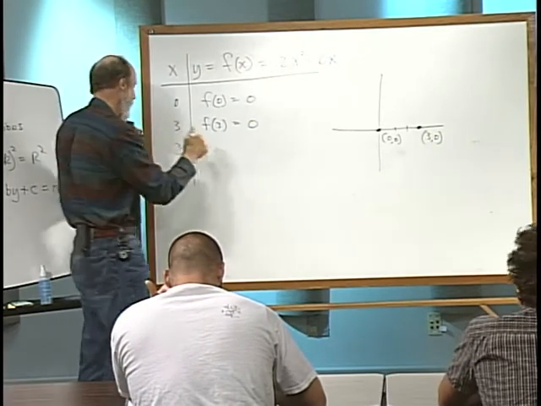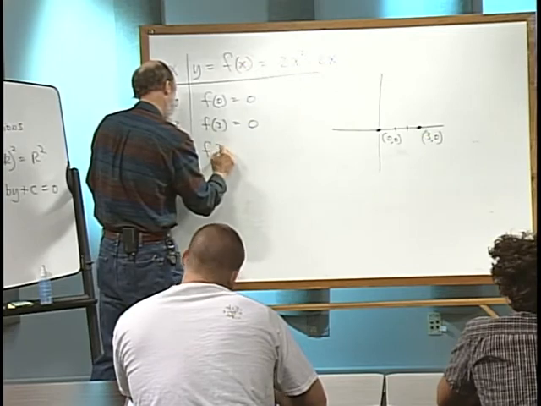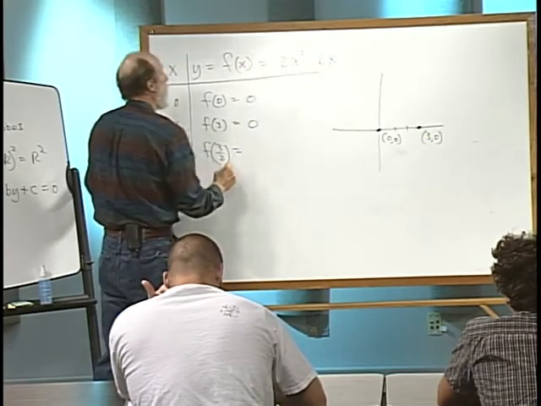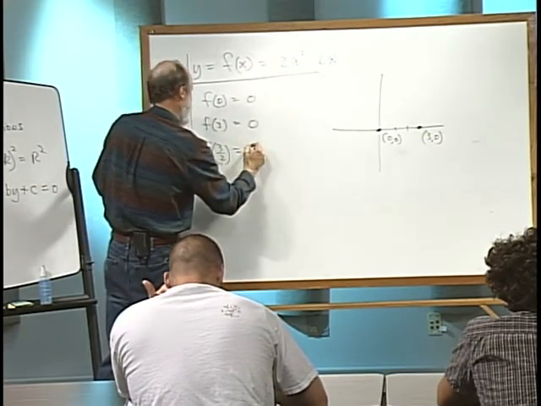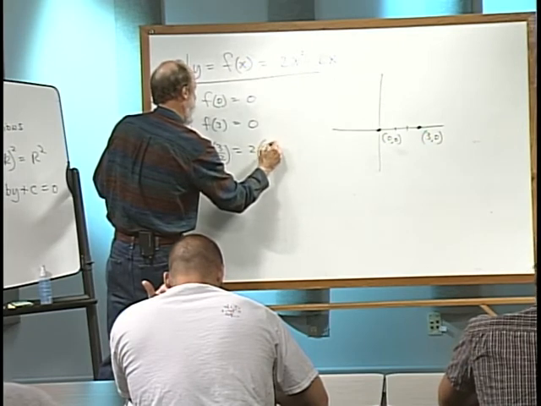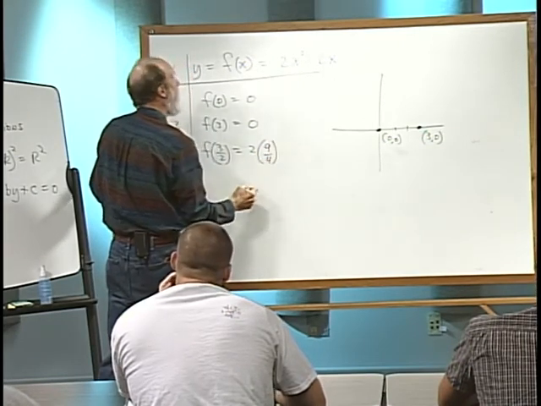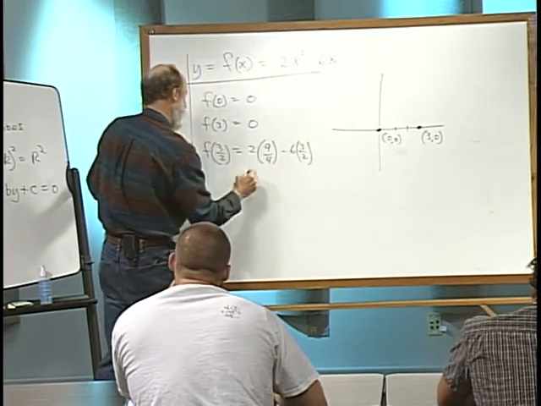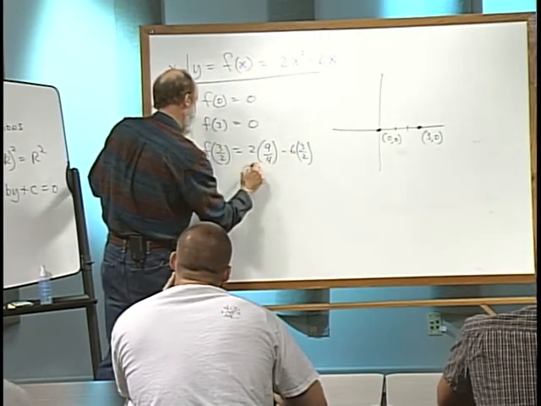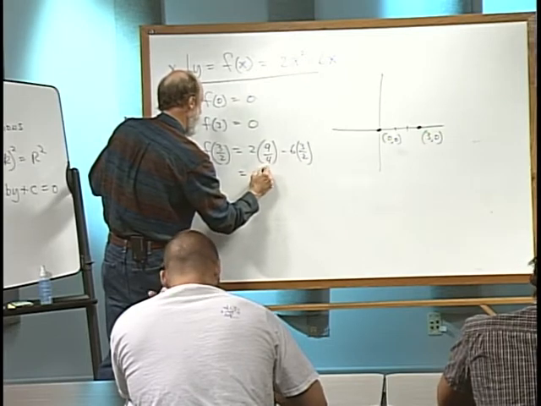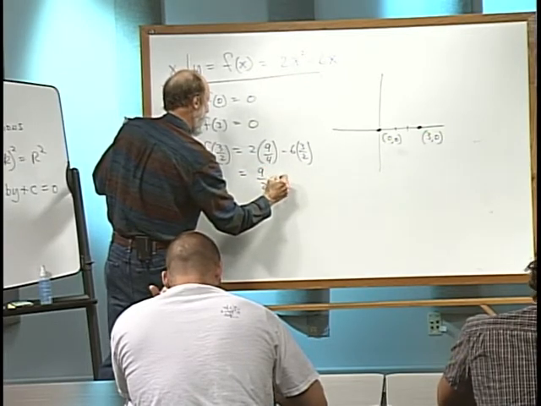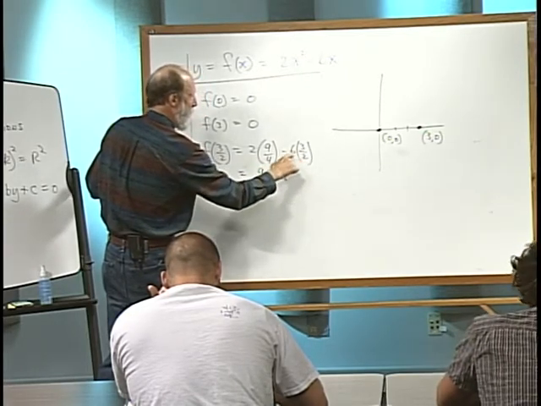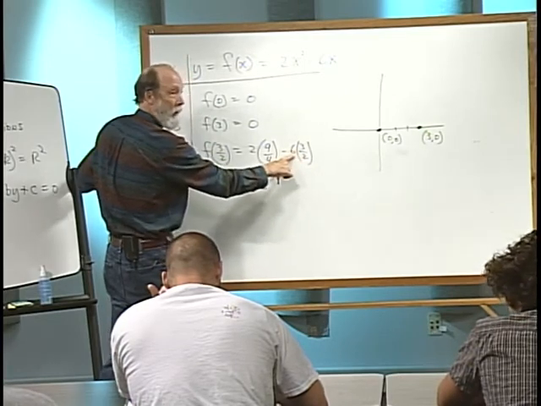So if you put 3/2 into your function here, we have a little bit of arithmetic to do. Twice times 9/4 when you square it, minus 6 times 3/2, and that'll reduce. So we can reduce this a little bit to 9/2. Now, I could reduce the 2 into the 6, couldn't I?